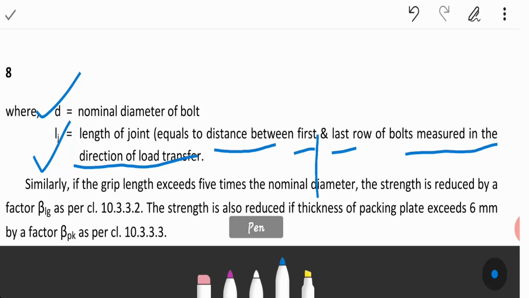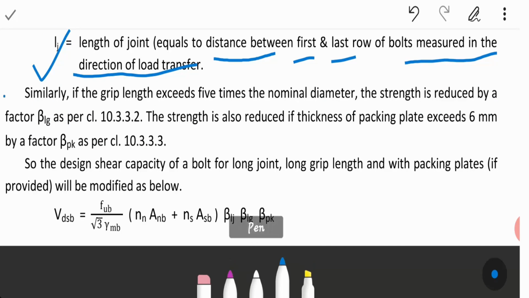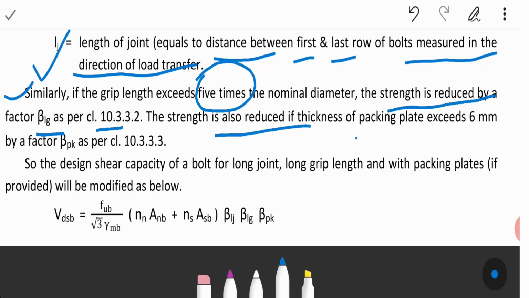Now similarly, if the grip length exceeds 5 times the nominal diameter, the strength is reduced by a factor beta lg as per clause number 10.3.3.2. Strength is also reduced if the thickness of the packing plate exceeds 6 mm, by a factor beta pk as per clause number 10.3.3.3.